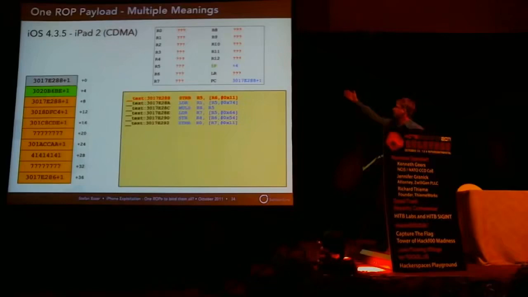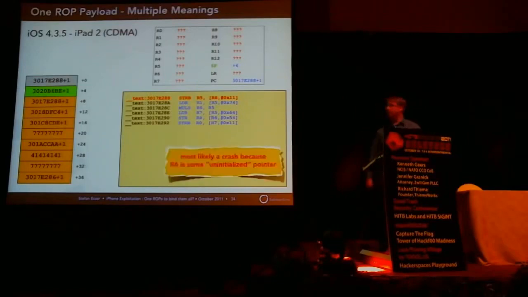That's why it's shown with a question mark in the register window. When we execute this, it's very likely that it will crash, because R6 is uninitialized. Well, basically the application that we are exploiting will initialize it to something, but maybe it's 0. So it's an illegal pointer, and it will crash. So obviously this ROP payload will do nothing else than crash on the iPad 2 CDMA.